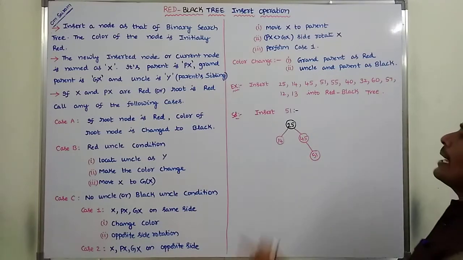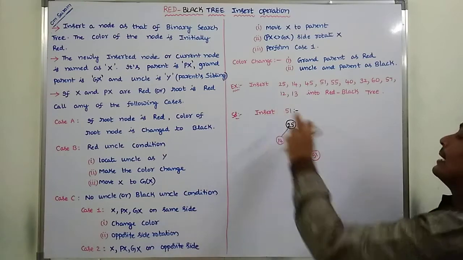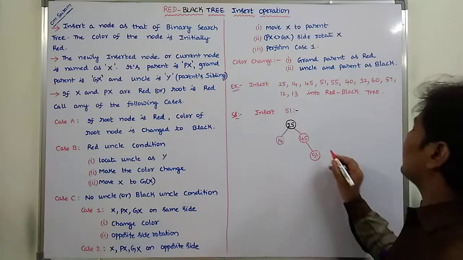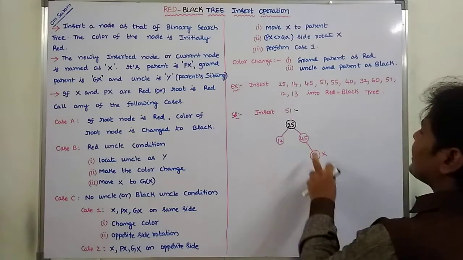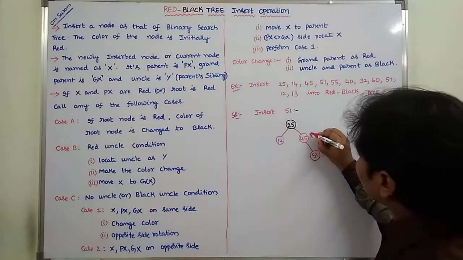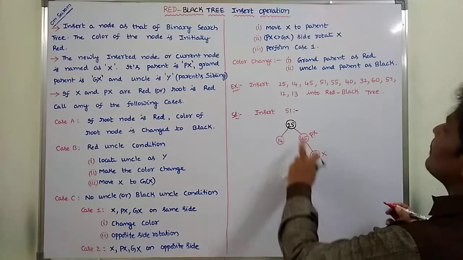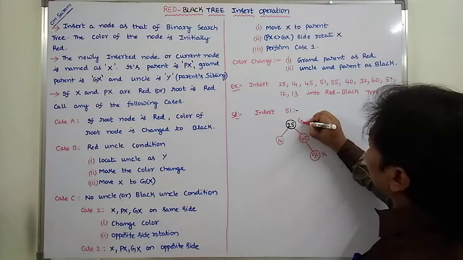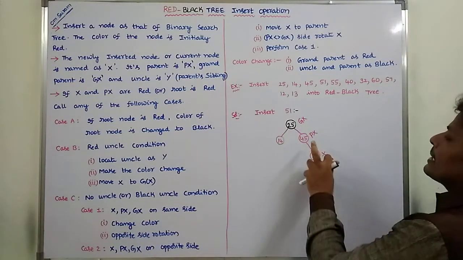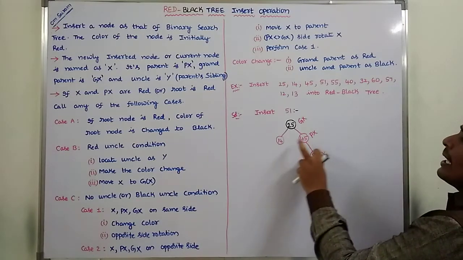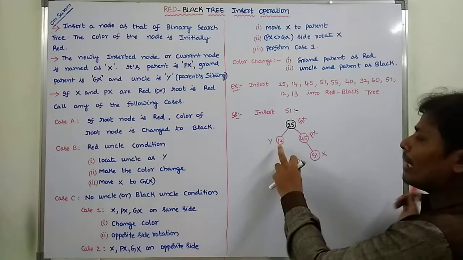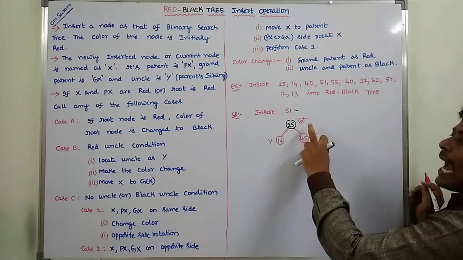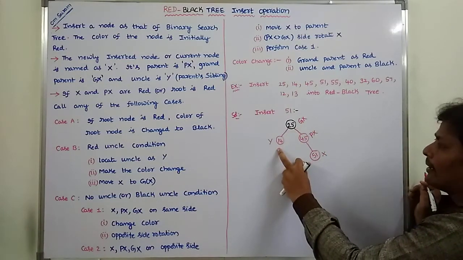So the inserted node is a red node and it is denoted by X, its parent is Px, and its grandparent is Gx. The parent's sibling is 14, which can be denoted by Y. A sibling of the parent is nothing but the grandparent's son or daughter.